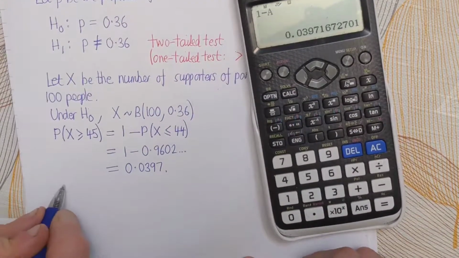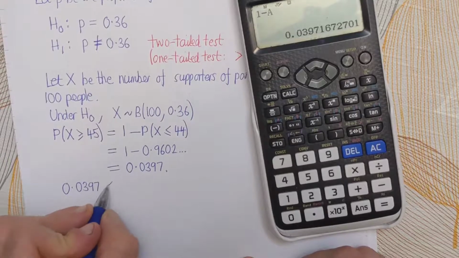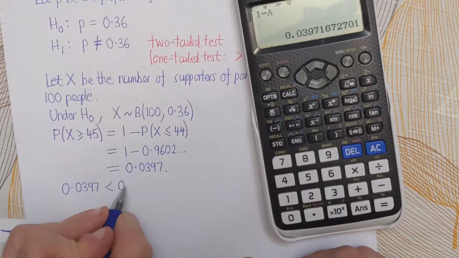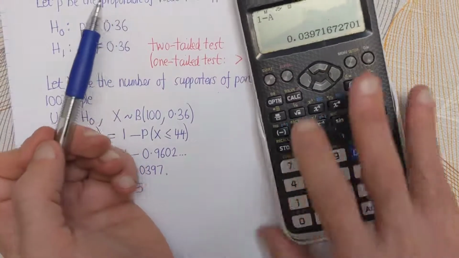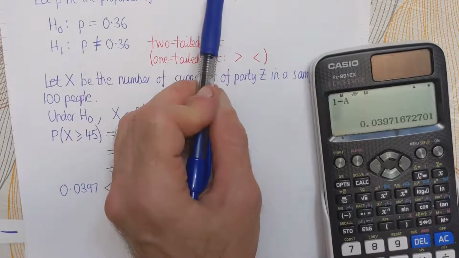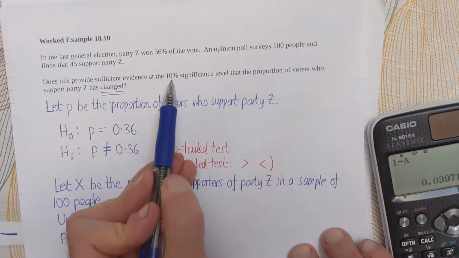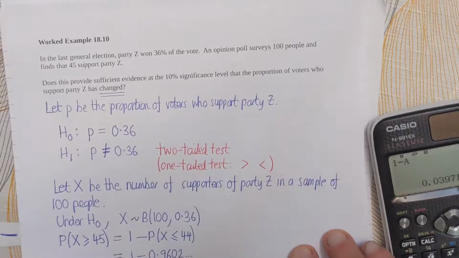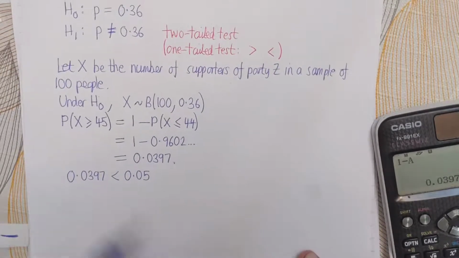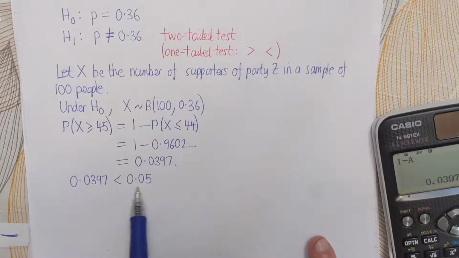And we have to compare this to the significance level. So we put 0.0397 is less than, right, and we put 0.05. The significance level of the test is 10%, 0.1. But as this is a two-tailed test, you have to halve that. You divide it by 2 to make 0.05.